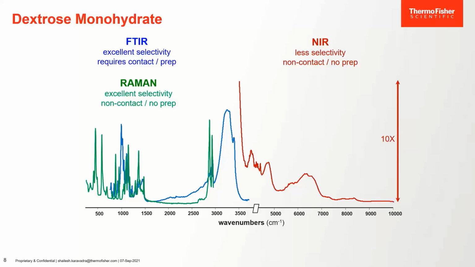However, FTIR and Raman spectra, as you can see, are so specific. You can exactly pinpoint which peak belongs to which vibration. You don't need that extensive sample pre-processing and algorithms to use.